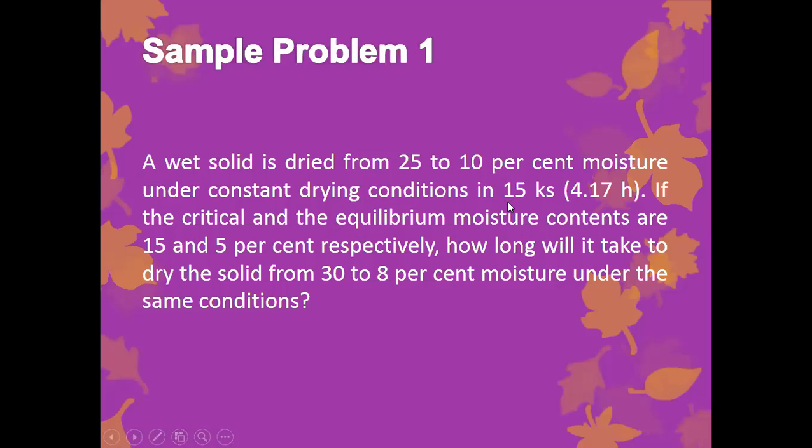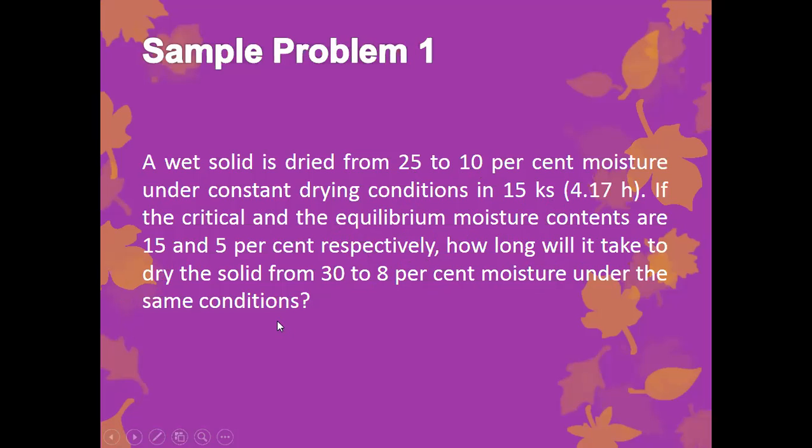And it took 15 kiloseconds, or that's 4.17 hours, to reach this particular moisture content from the initial, which is 25. If the critical and the equilibrium moisture contents are 15 and 5% respectively, how long will it take to dry the solid from 30 to 8% moisture under the same condition?